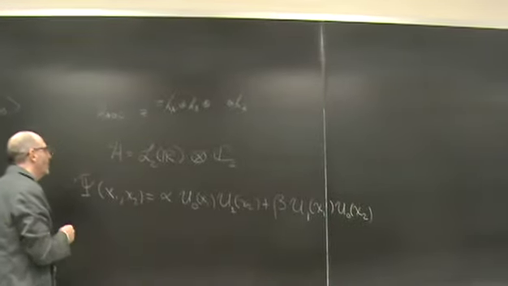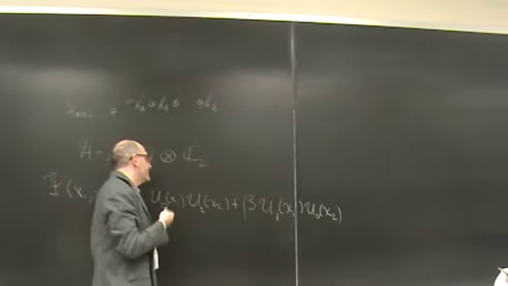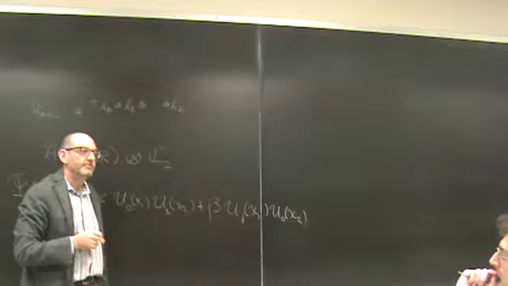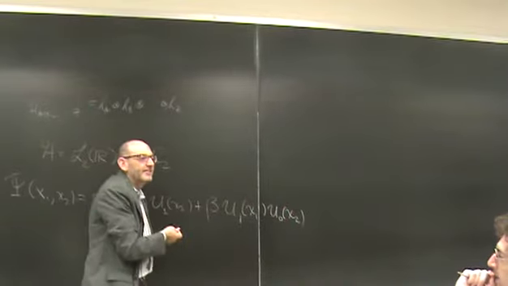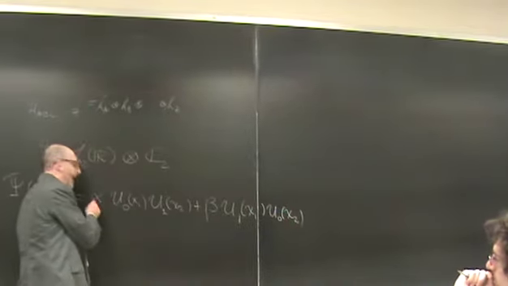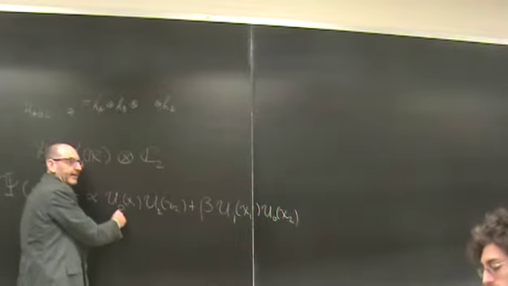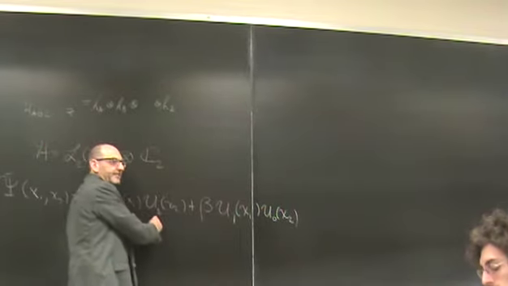Well, this is the case where one of the particles is in the ground state and the other is in the excited state, but I don't know which one it is. So there's some probability amplitude alpha that particle 1 is in the ground state and particle 2 is in the first excited state.